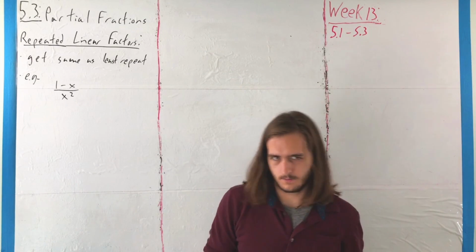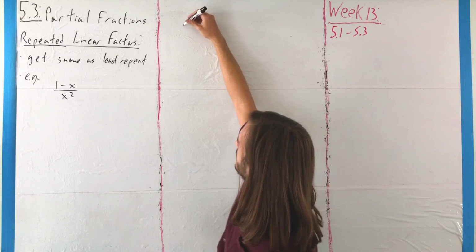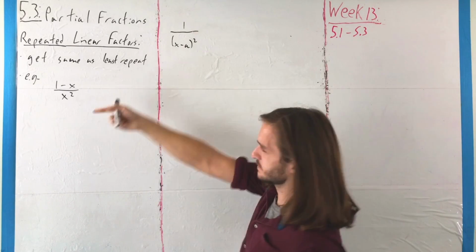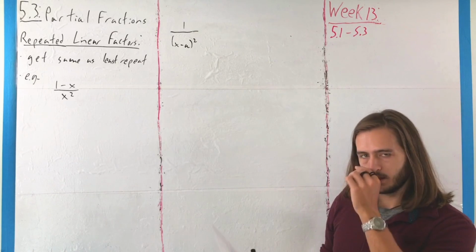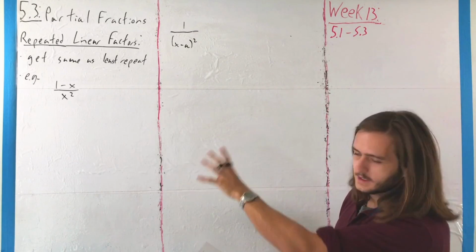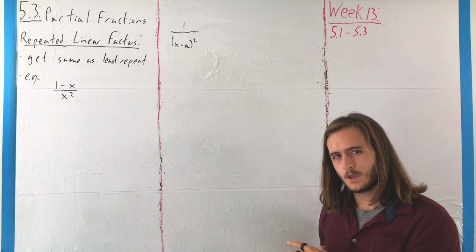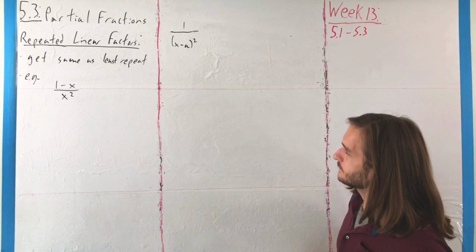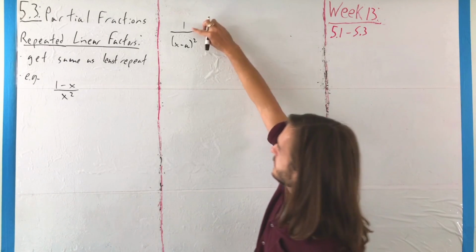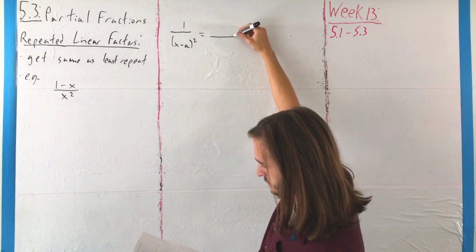So let's think a little bit more generally here. Let's think about something like 1 over x minus a squared. What we want to do here is take the thing of the next power down. So we want to take the thing that's the next one down from a square.